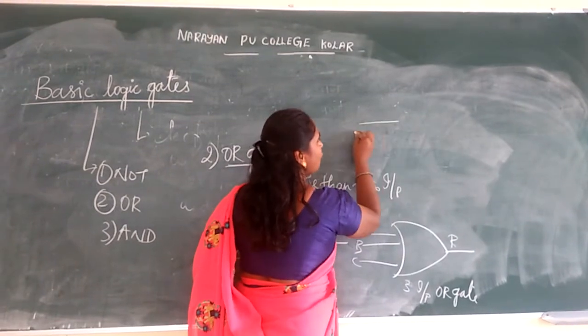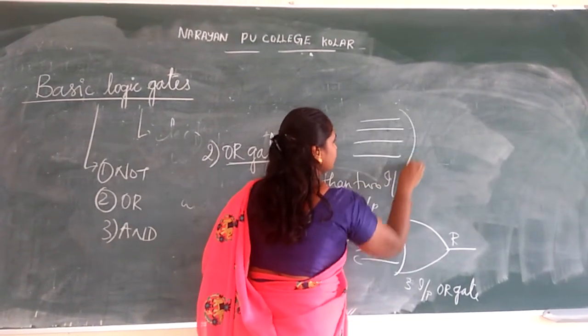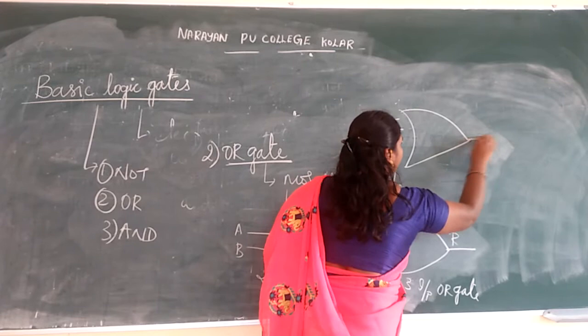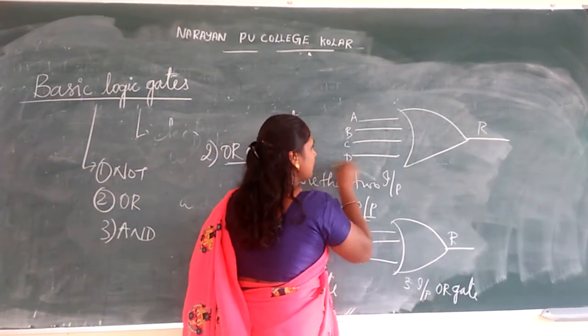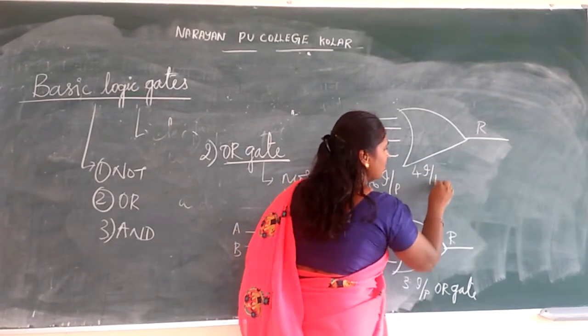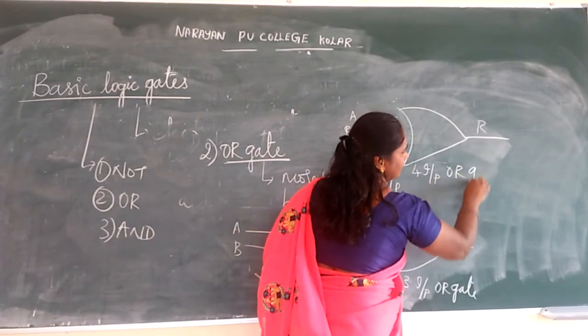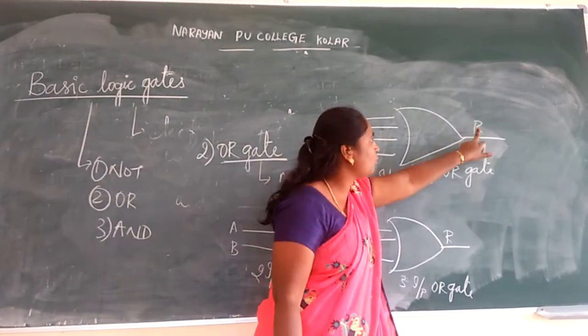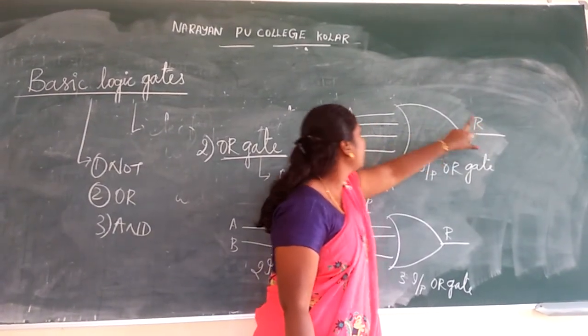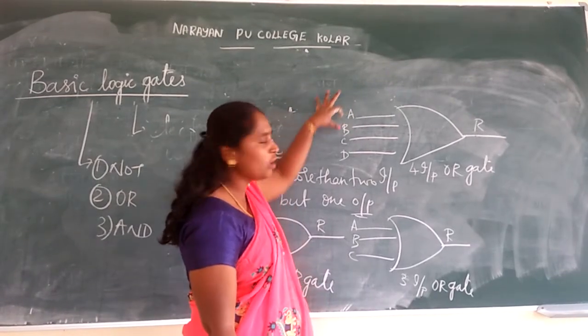This one is the four input OR gate. The output obtained performs a logical addition on the inputs.